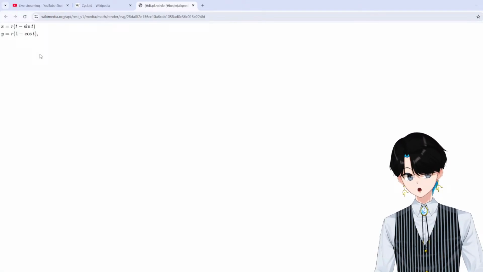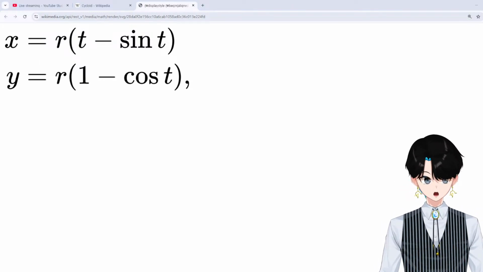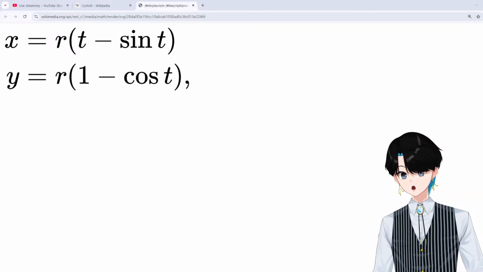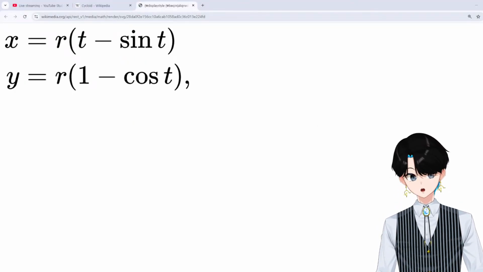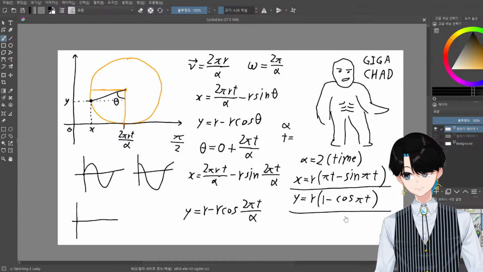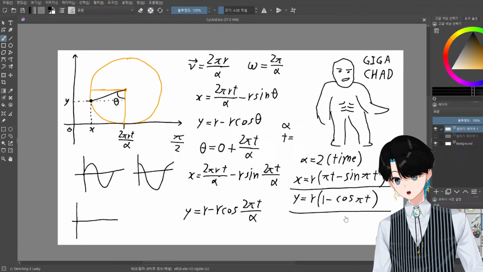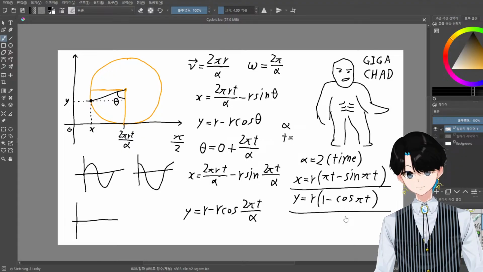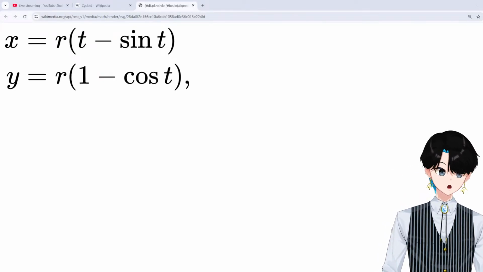It looks kind of similar to what we have right here. The only difference is that it's t instead of pi t. And I believe that is because, in my case, the t indicates the time that has passed, the elapsed time. But in this case, it's just a variable. It doesn't hold a time value.